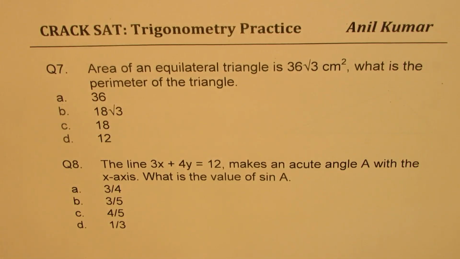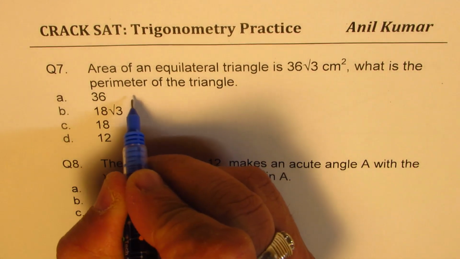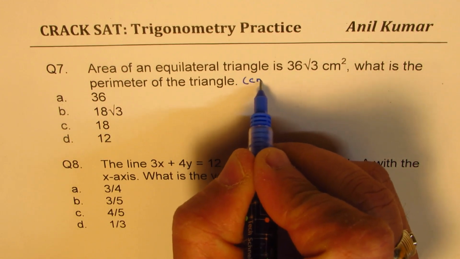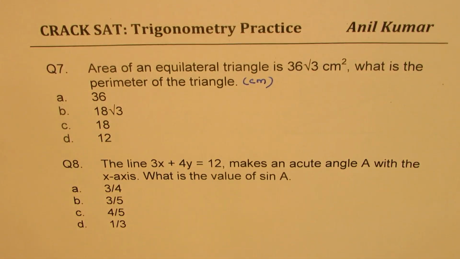Question 7 is also area based. The area of an equilateral triangle is 36 square root 3 centimeters squared. What is the perimeter of the triangle? All these units are in centimeters. Question 8. The line 3x plus 4y equals 12 makes an acute angle A with the x-axis.